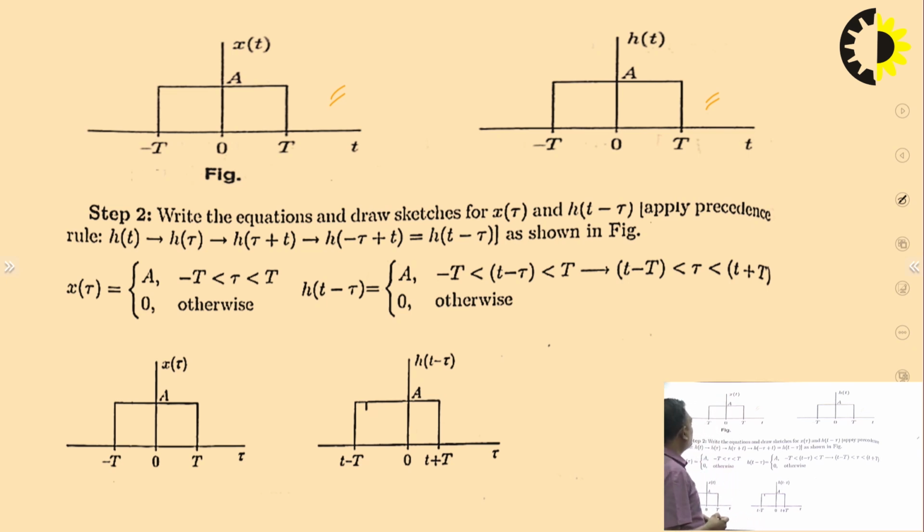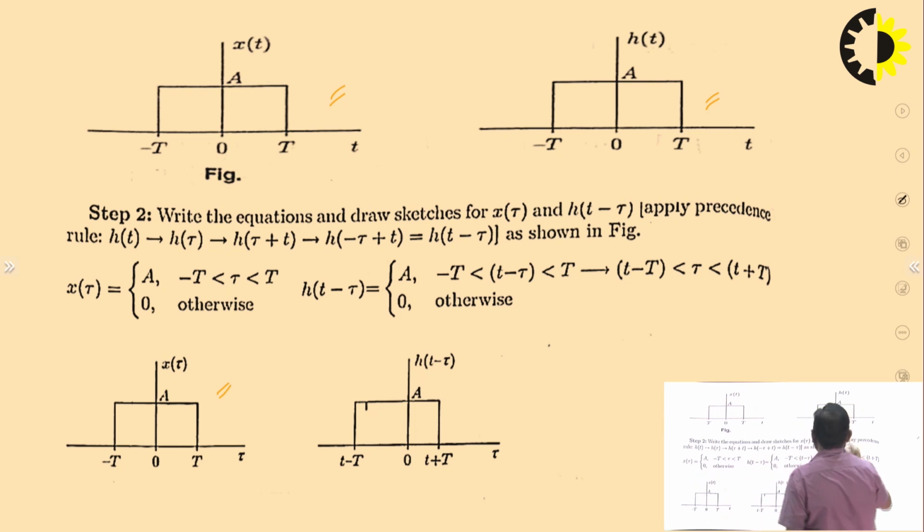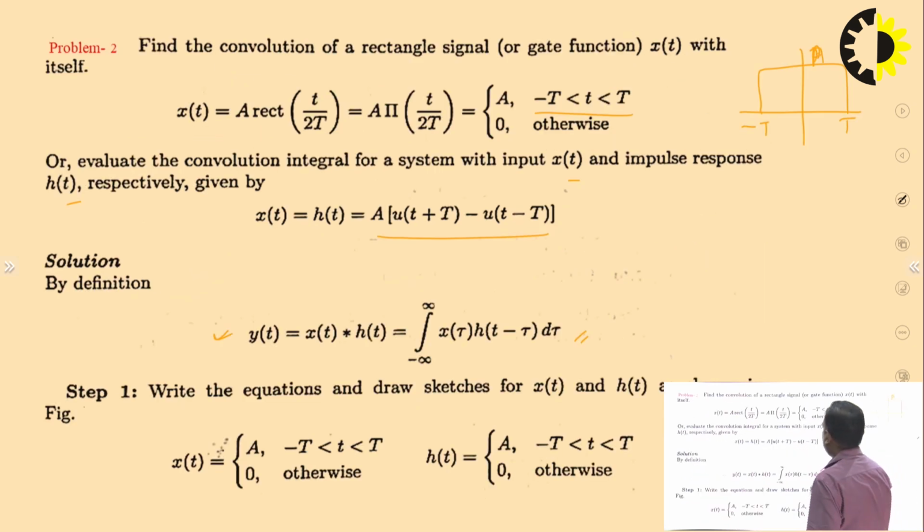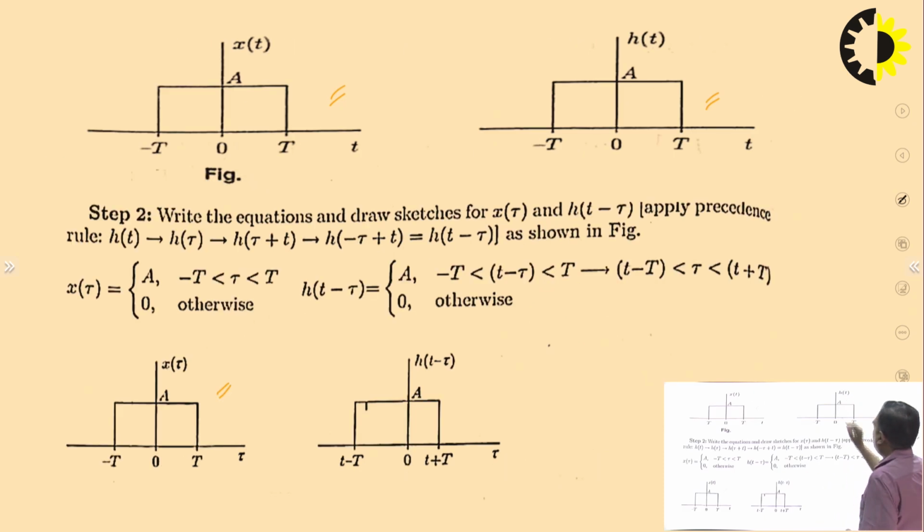Now x(tau) we simply obtain by writing tau in place of t, so we have this waveform for x(tau). According to the expression, we have to find the value of h(t minus tau) d tau. How do we obtain h(t minus tau)?